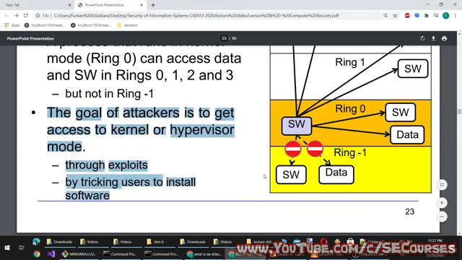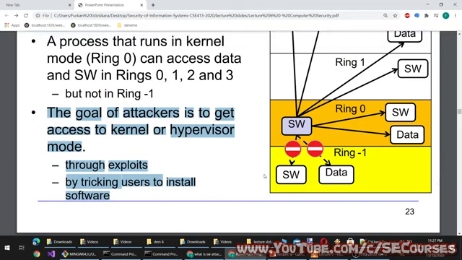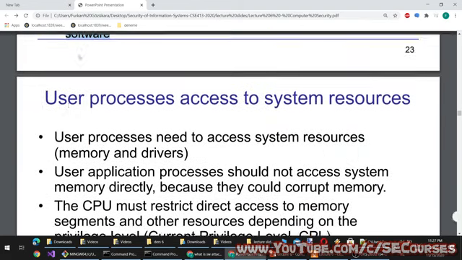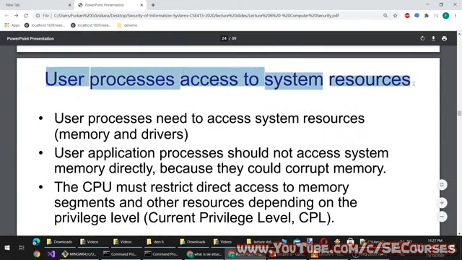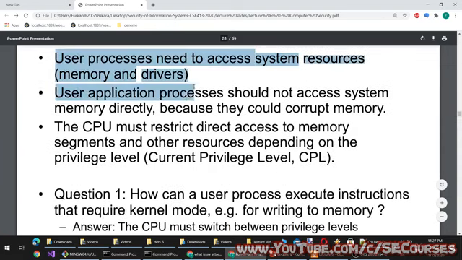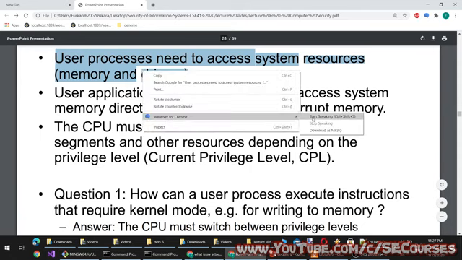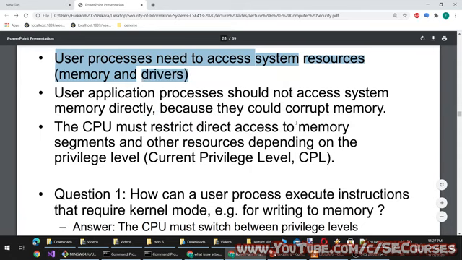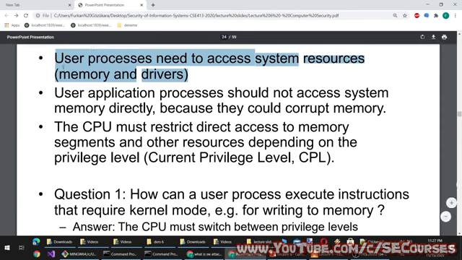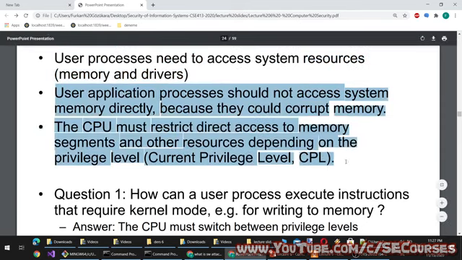The goal of attackers is to get access to kernel or hypervisor mode through exploits, by tricking users to install software. User processes access to system resources. User processes need to access system resources, memory and drivers.